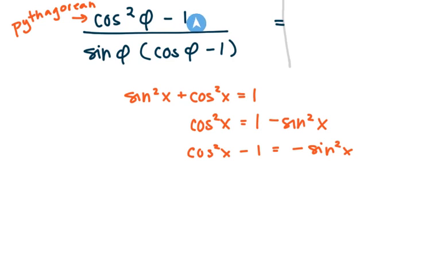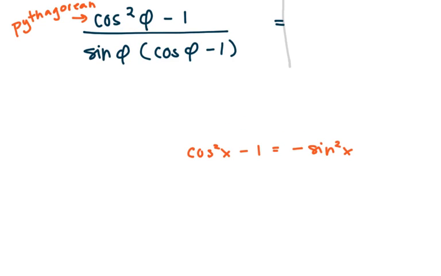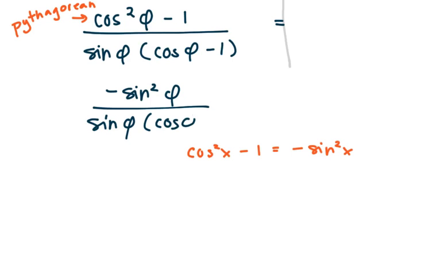So what is my numerator equal to? My numerator is equal to negative sine squared x. So I have negative sine squared, and I'll use my variable in this problem, phi, over sine of phi times cosine of phi minus 1.